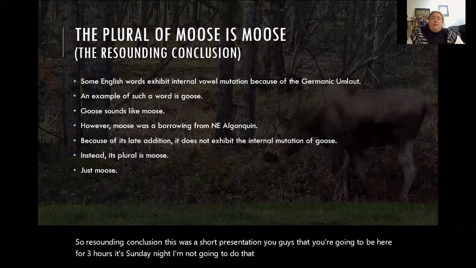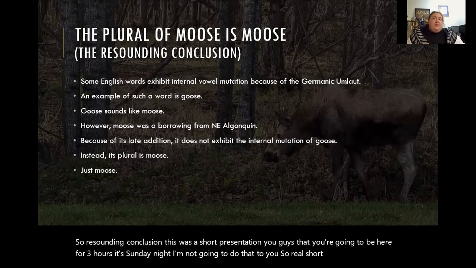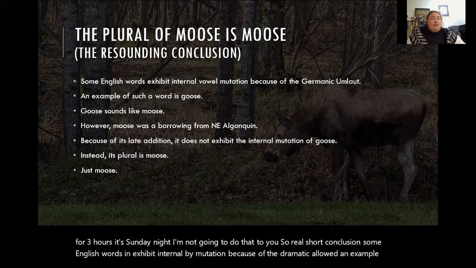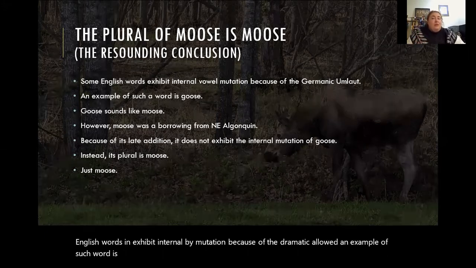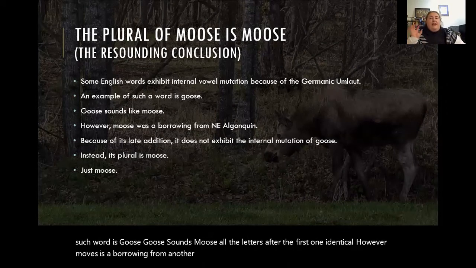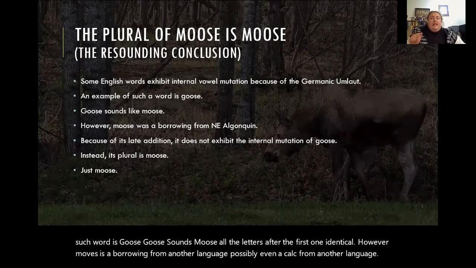So, real short conclusion. Some English words exhibit internal vowel mutation because of the Germanic umlaut. An example of such a word is goose. Goose sounds like moose. All the letters after the first one, identical. However, moose is a borrowing from another language, possibly even a calque from another language.